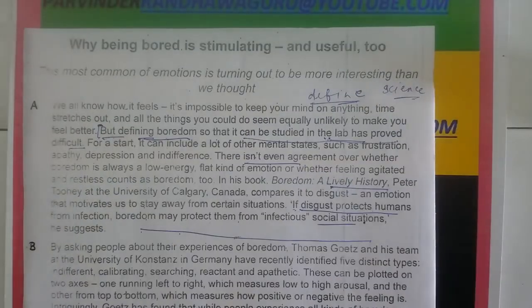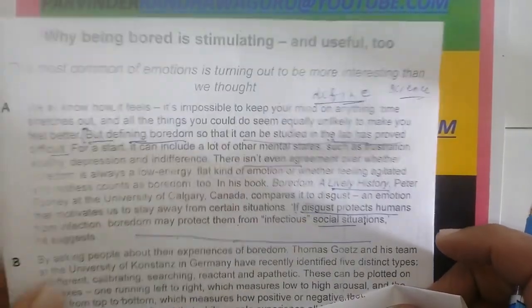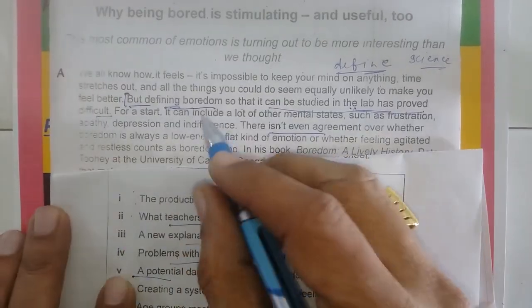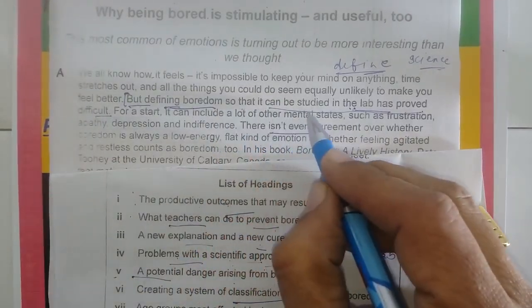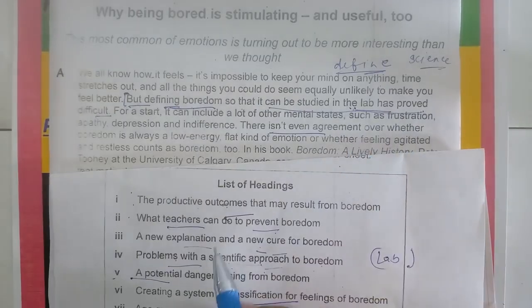The thing is that, let me fold the page, because in the initial point what we have got, he said, but defining boredom so that it can be studied, this start in the lab has proved difficult.